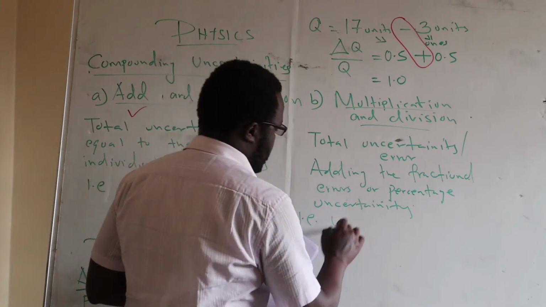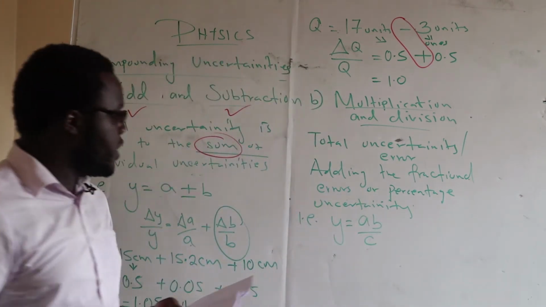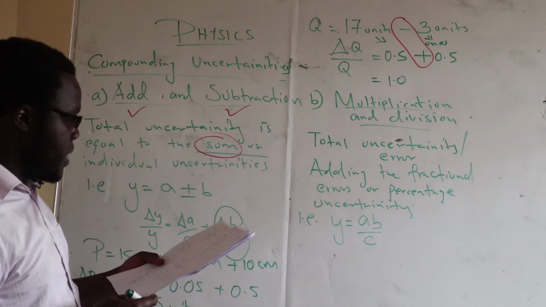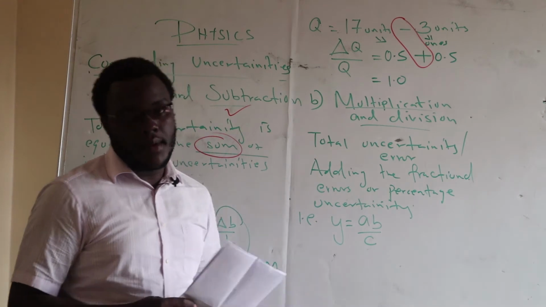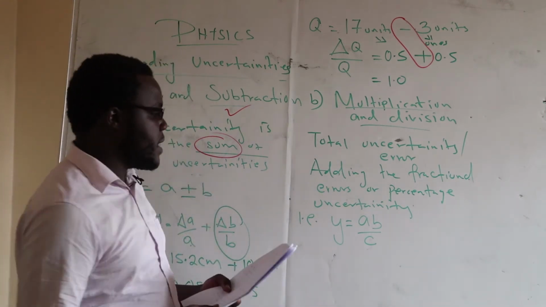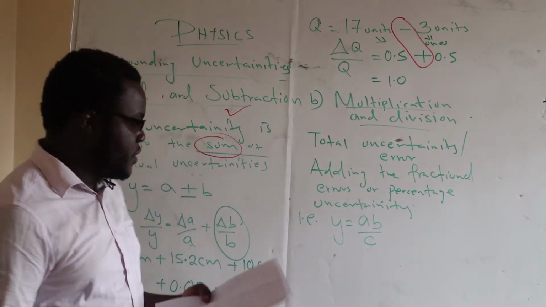If y is equal to AB divided by C, we notice that the quantities A and B are a product. They are being multiplied, whereas quantity C in the denominator is having a division.